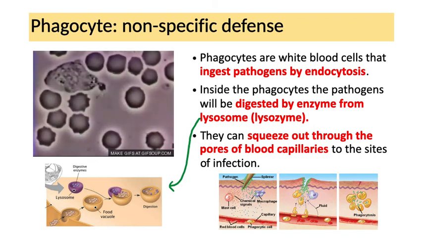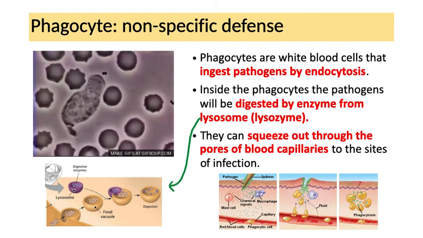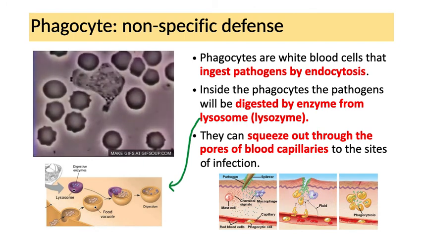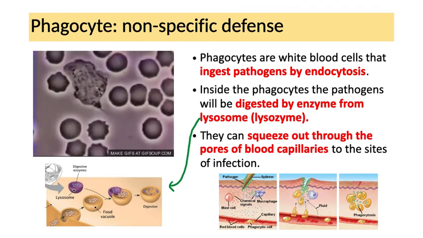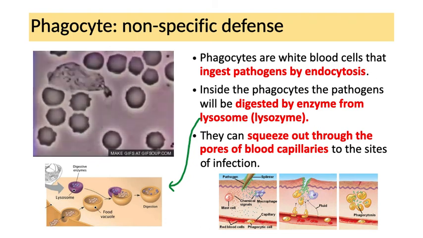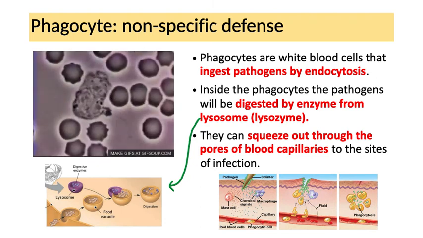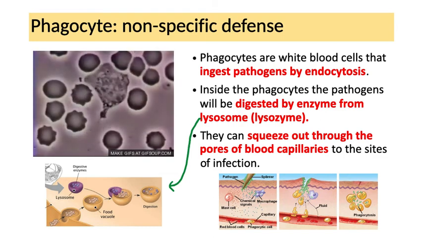All right, and the next one, inside of phagocytes are pathogens. Inside the phagocyte, the pathogen will be digested by enzyme from the lysosome. I think I've mentioned it in the previous slide, and I put a picture here beneath the animation. You can see that a lysosome is basically a vesicle inside the cell that contains digestive enzyme.